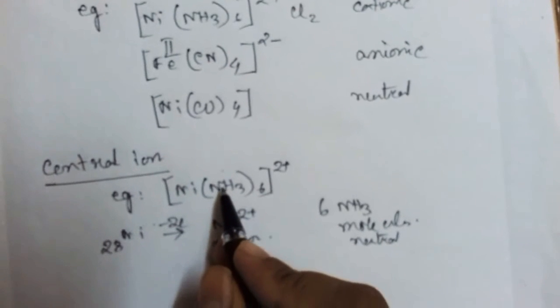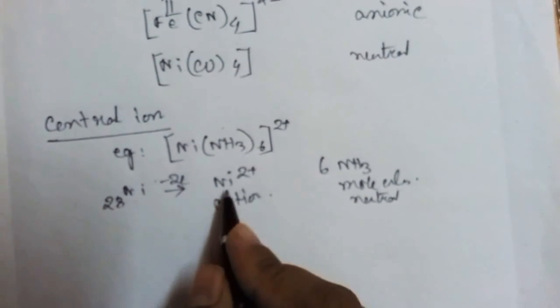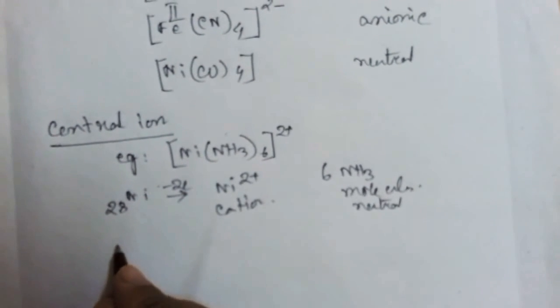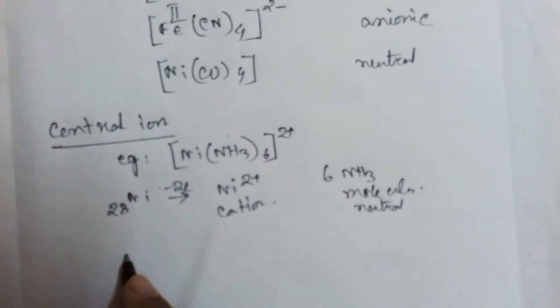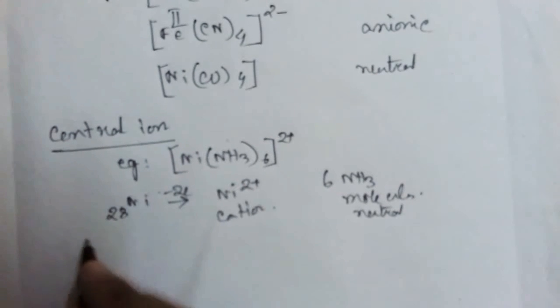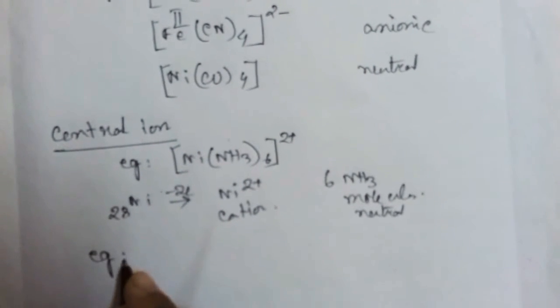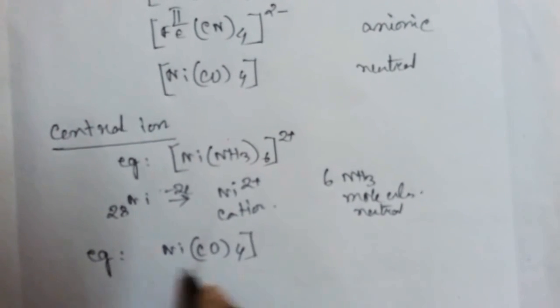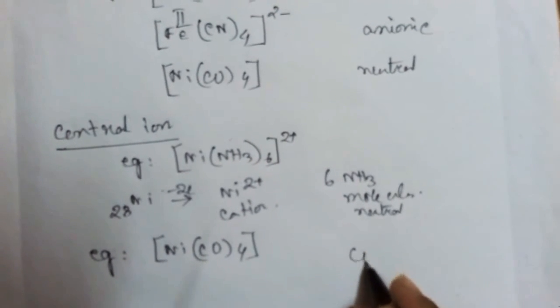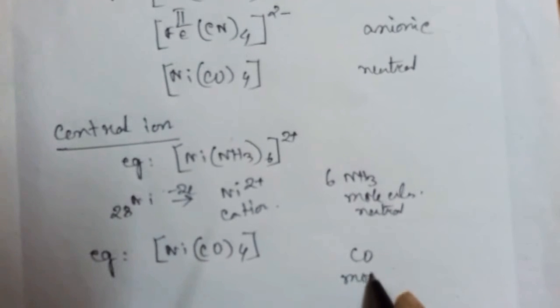Okay, now this is nickel, this is a cation, and we will have another one just like this, nickel tetracarbonyl. Another example is nickel tetracarbonyl. Here carbonyl is also another molecule.